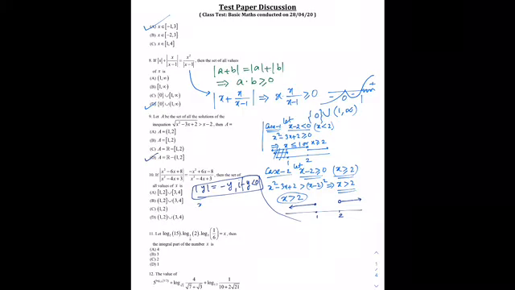So x square minus 6x plus 8 divided by x square minus 4x plus 3 should be less than 0, which, if I factorize it, is x minus 2 into x minus 4 divided by x minus 1 into x minus 3 less than 0, and which can be solved by using the wavy curve method.